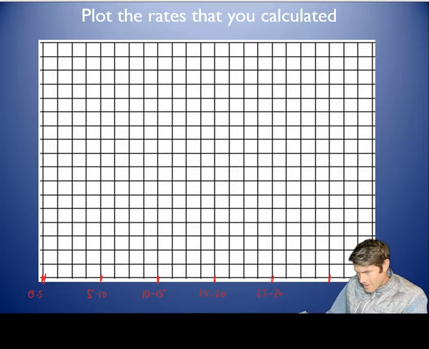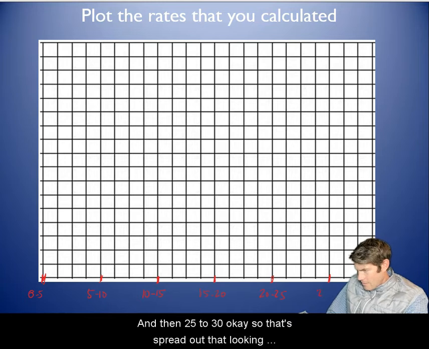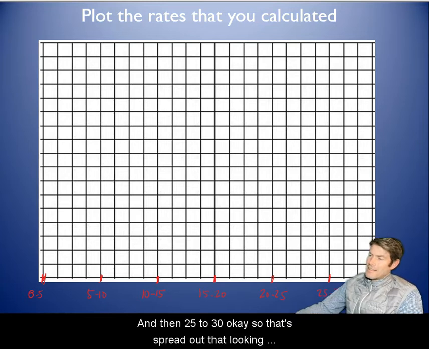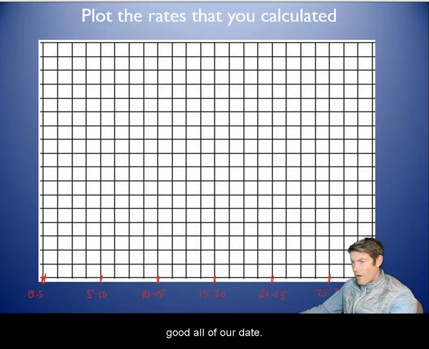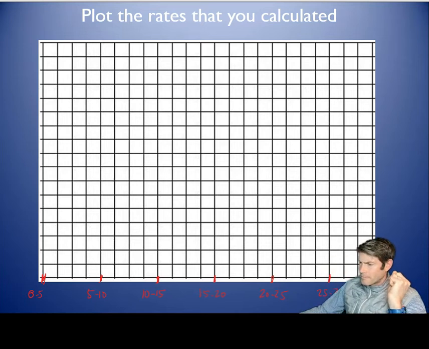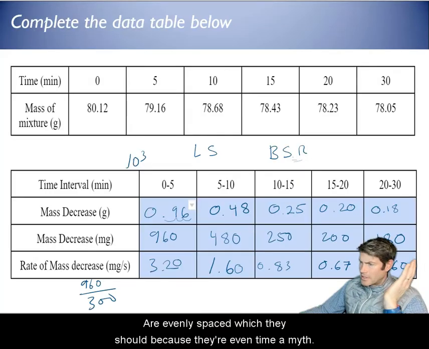Sorry about that, I messed up on that one. Okay, so that's spread out and looking good. All of our data points are evenly spaced, which they should be because they're even time increments.